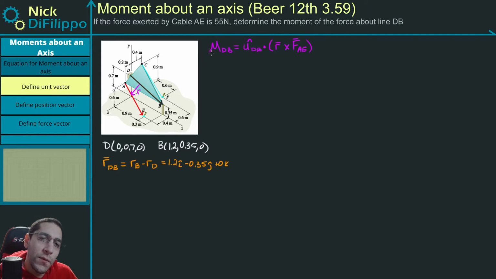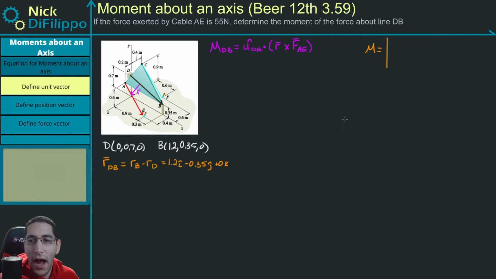Because I'm working with the scalar triple product, I eventually want to get to the point where the moment is equal to a matrix where my first row is my unit vector, my second row is my r vector, my position vector, and the third row is my force. So I really want i, j, and k components, so I want to keep all of my components together.